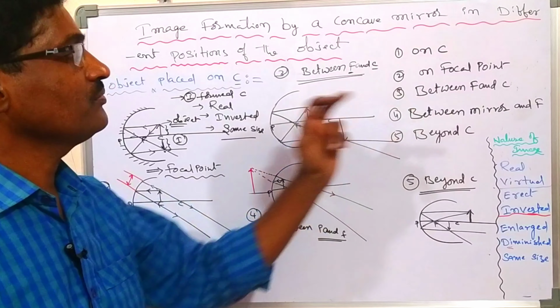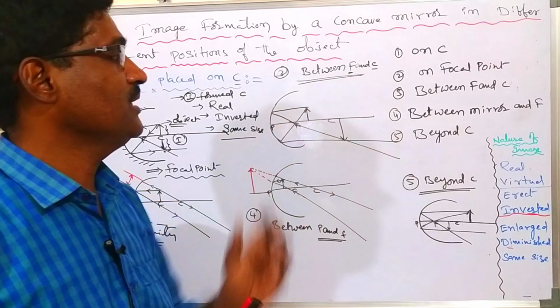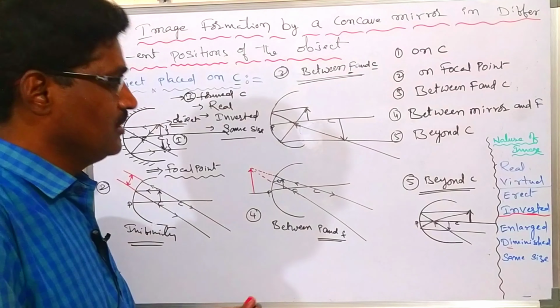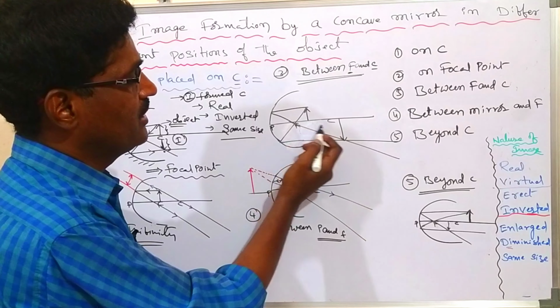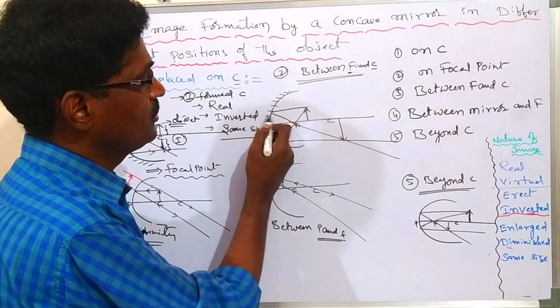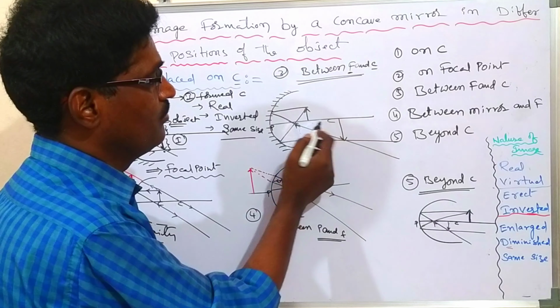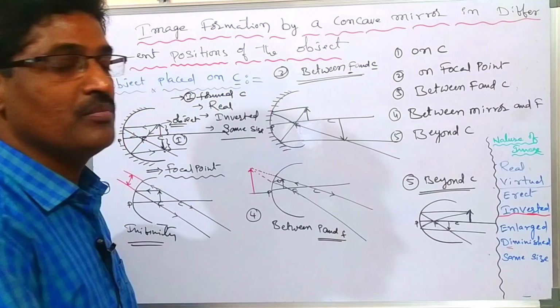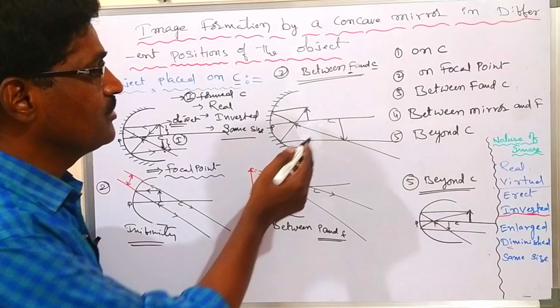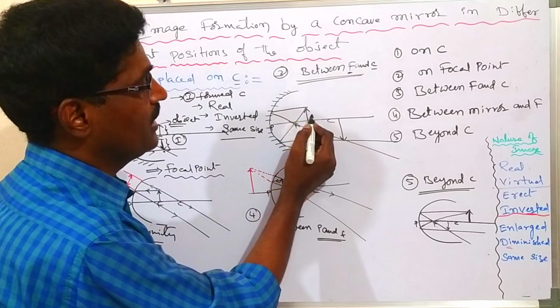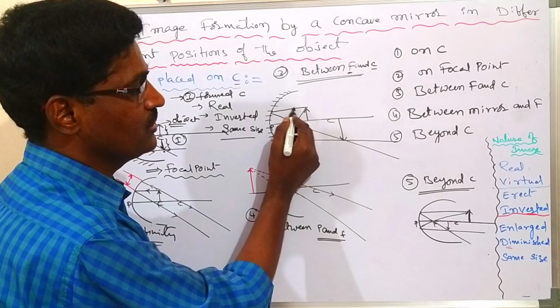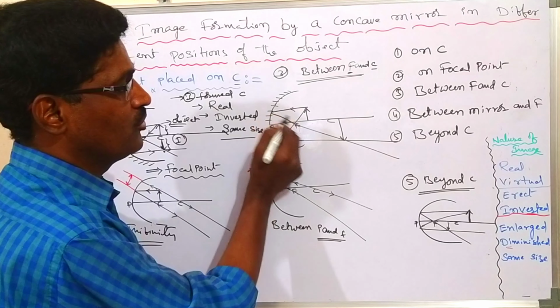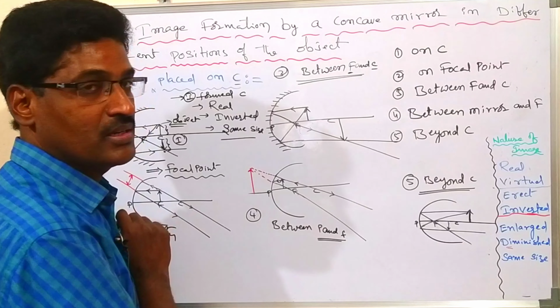Third one, between F and C. This is the object we kept, between F and C. If you keep the object between F and C, this is the object. First, R1 parallel to the principal axis and passing through the focus.